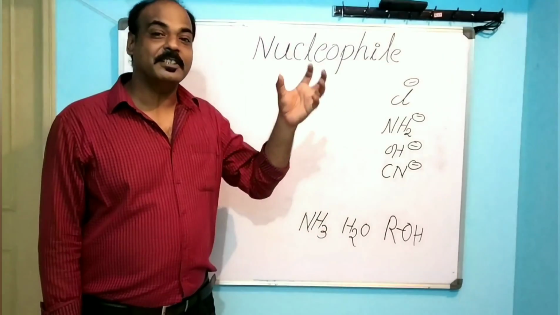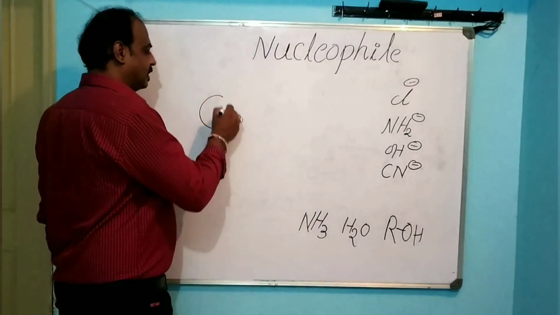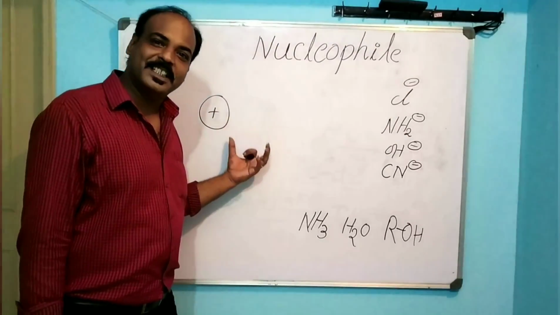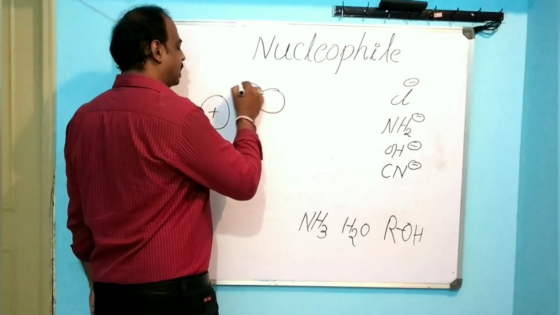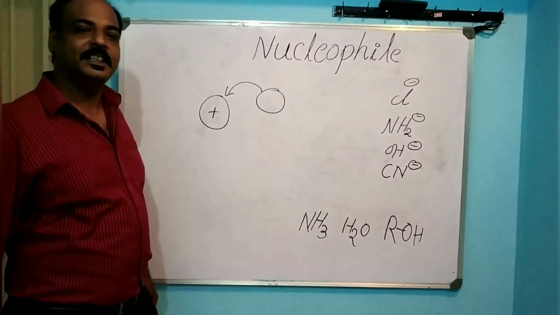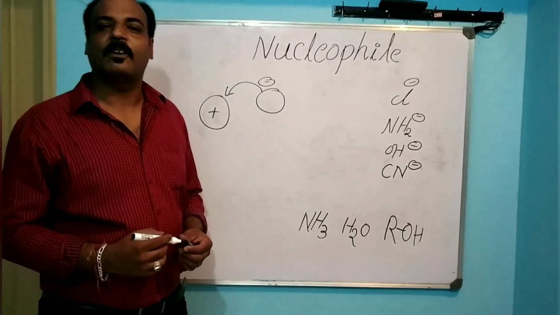It is positively charged. So a species which attracts or likes a positive charge should contain a negative charge.